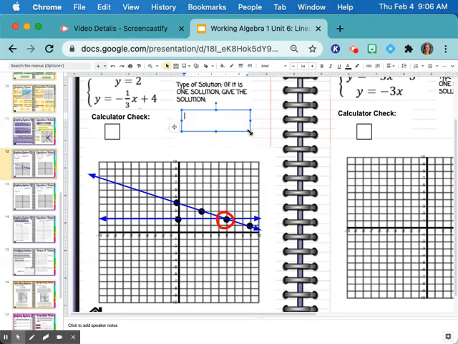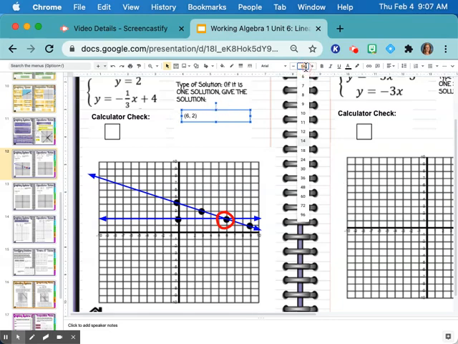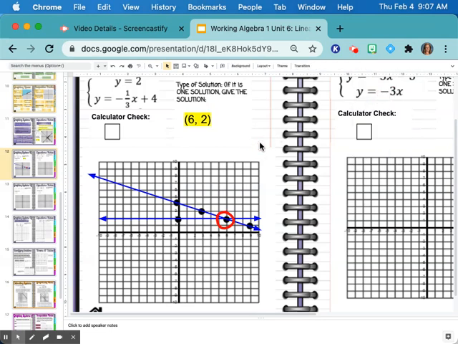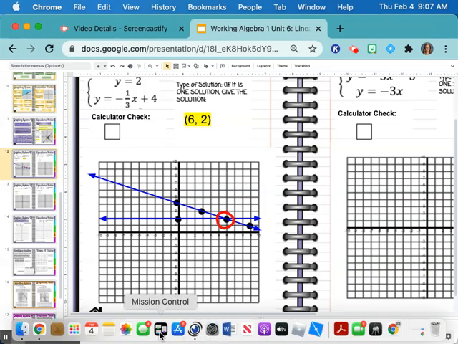Okay, so we need to create a text box. Let's estimate where that's at. What point is that at? 6, 2? Yes. Okay. So we have our point of intersection. It says calculator check. So you need to check in the calculator.